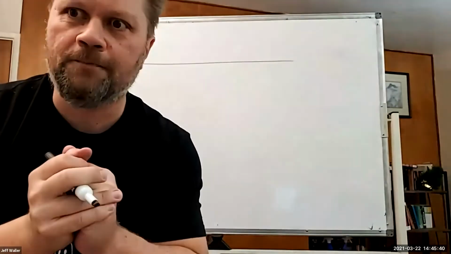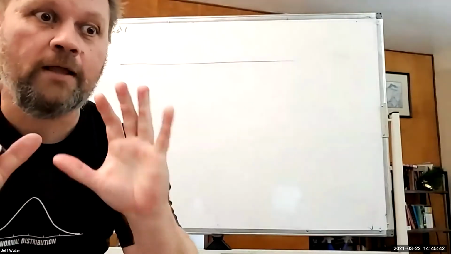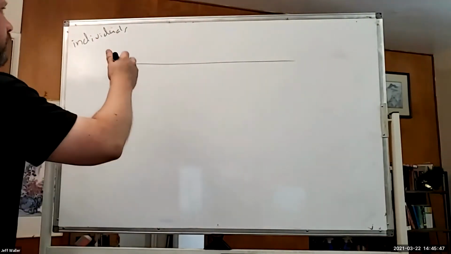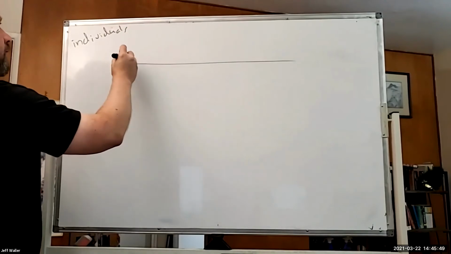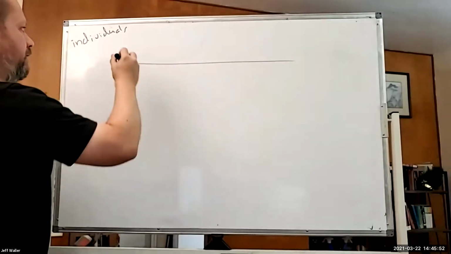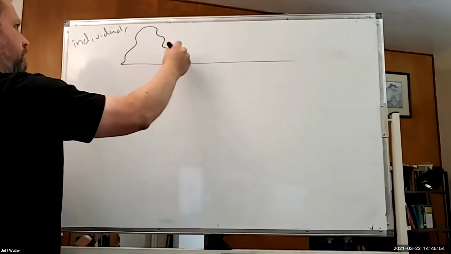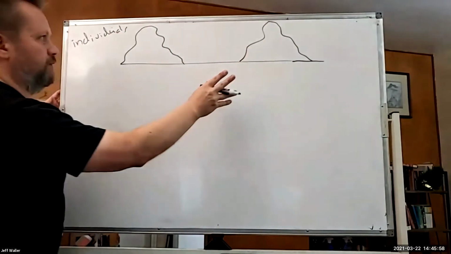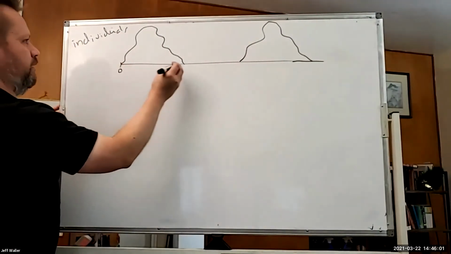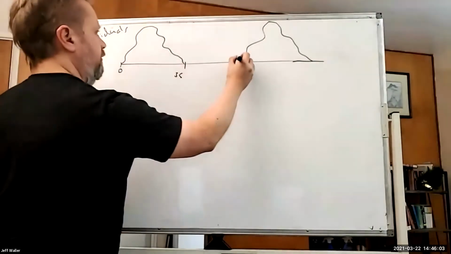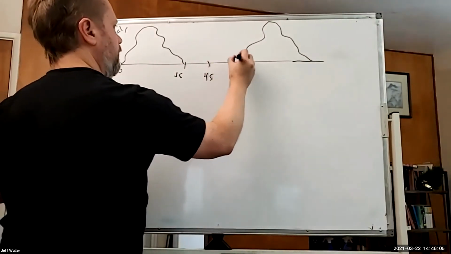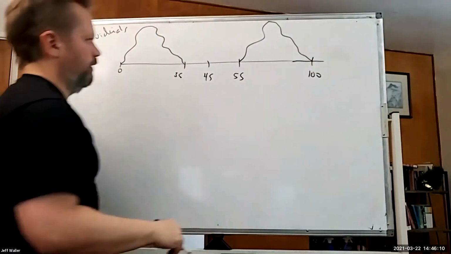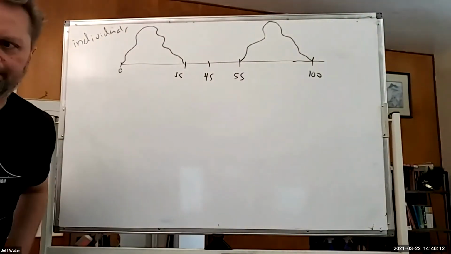Now, if I graph their answers, here's what happens in alternate universe, Florida. I ask everybody, there's a ton of people, so I get this. What does this mean? This could mean anywhere from 0 to 35, and then here, 55 up to 100. It's not a good scale, but oh well.